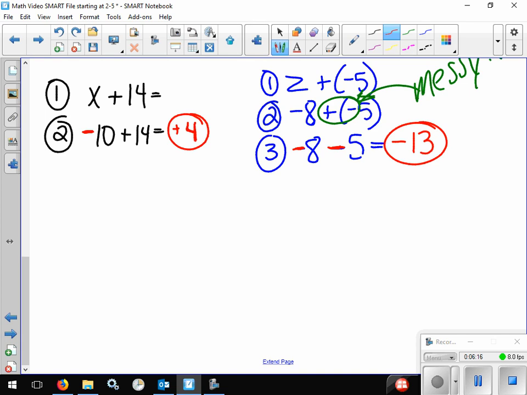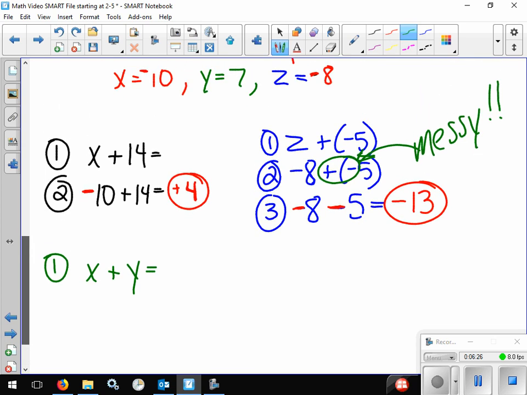Okay, next problem. x plus y. Let's scroll up. What was x? x is negative 10, so I substitute in negative 10 plus y, which is 7. I wrote it in green because 7 is positive. So I have negative 10 plus 7.